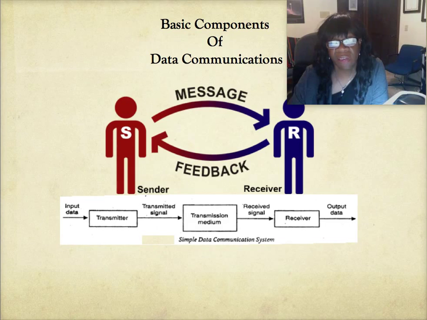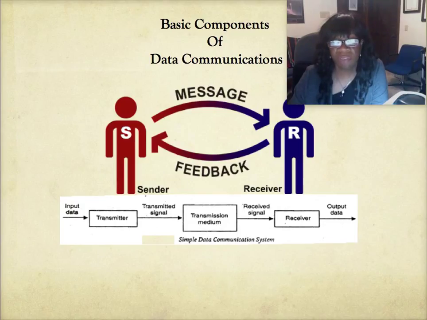The sender is the device or computer that generates and sends that particular message. The message, which would be your transmission, is the information or data to be communicated. It can consist of text messages, numbers, pictures, sound, videos, or a combination of these.